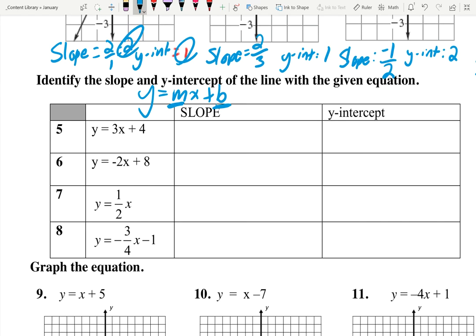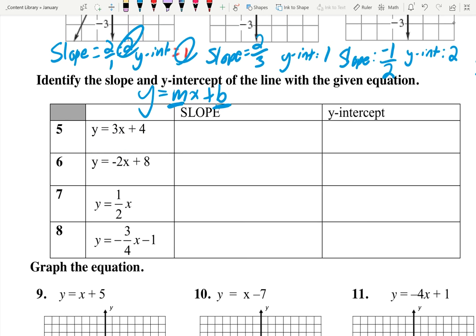So when you look at number 5, it's in this format of y equals mx plus b. You can clearly see in this that the m is our 3 and the b is our 4. So m and b are numbers. This is just the generalized form of it.